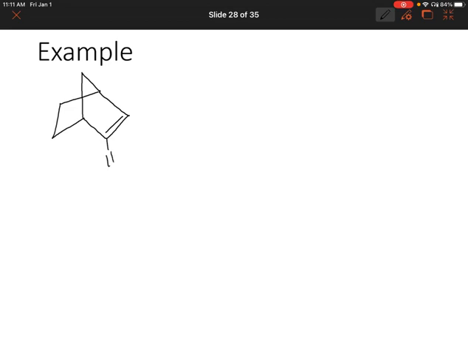And let's see, we just have hydrogens across the double bond there. All right, so if we perform ozonolysis on this bicyclic structure, what would our product or products look like? So if you want to pause the video and try this on your own, you can. And then when you unpause, we'll go over it together.